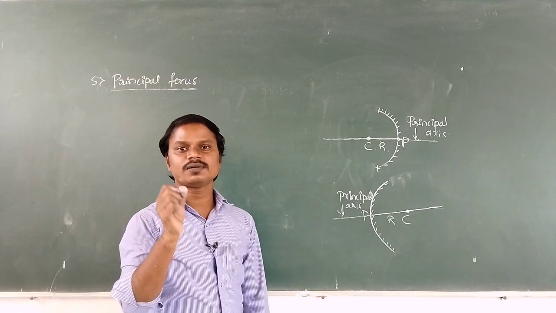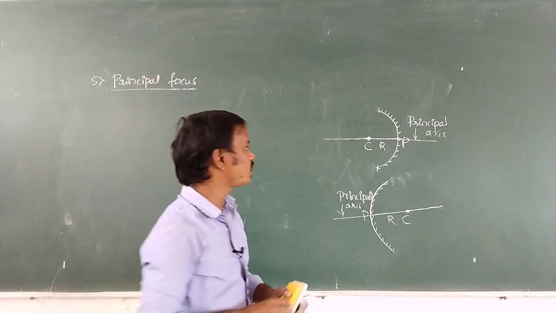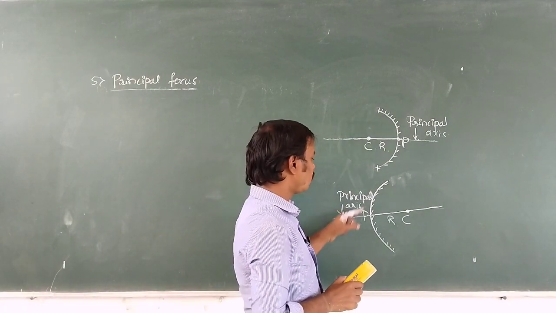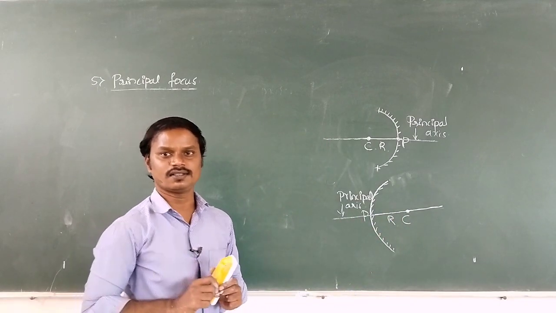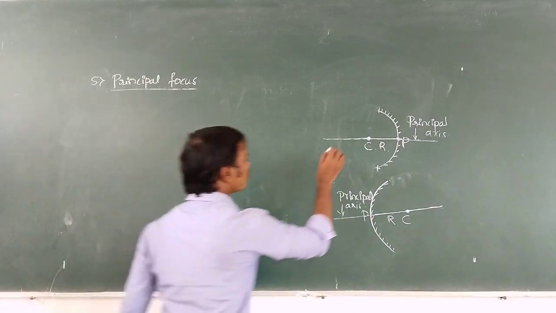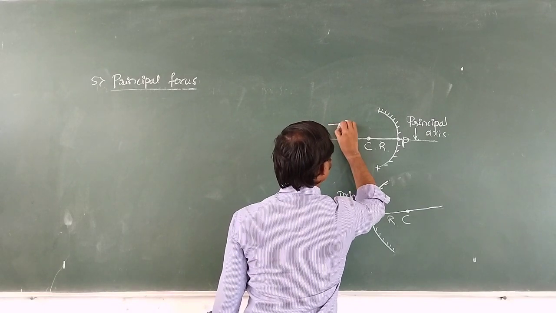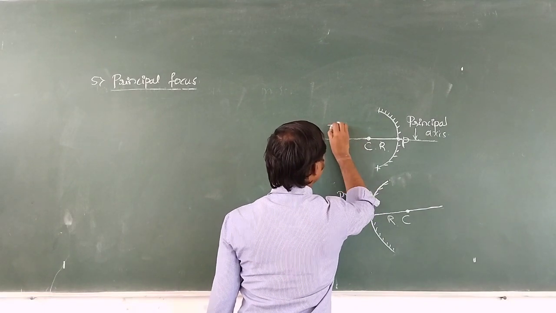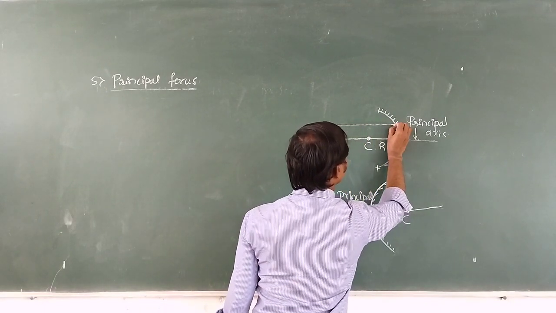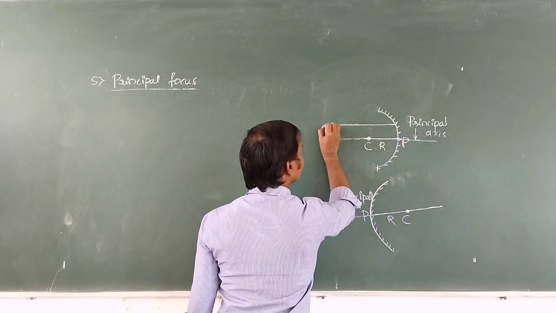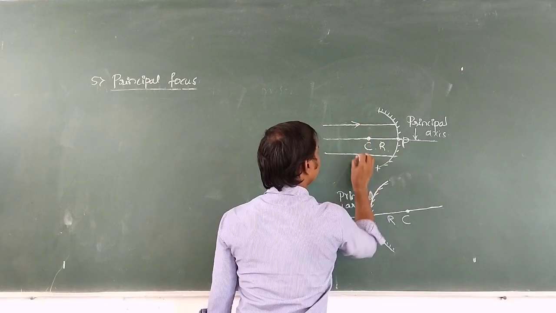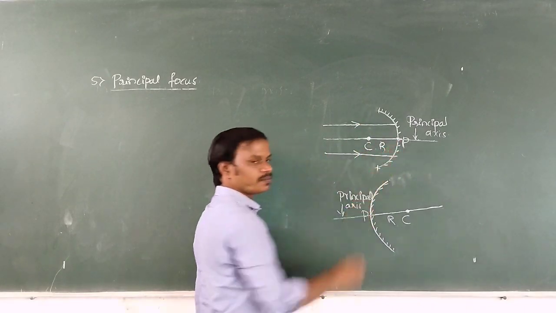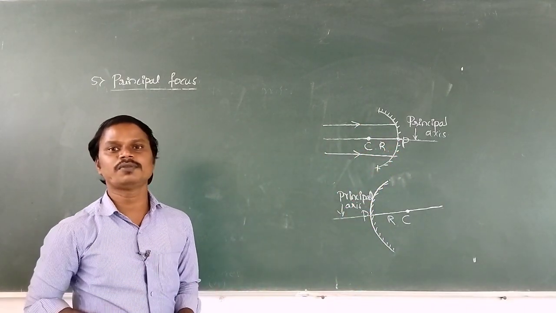Principal focus is a point on the principal axis of concave mirror, or it is the point on the principal axis of convex mirror. Let us consider a parallel beam of light incident on the concave mirror. The light rays are parallel to the principal axis, that is why it is called parallel beam of light.